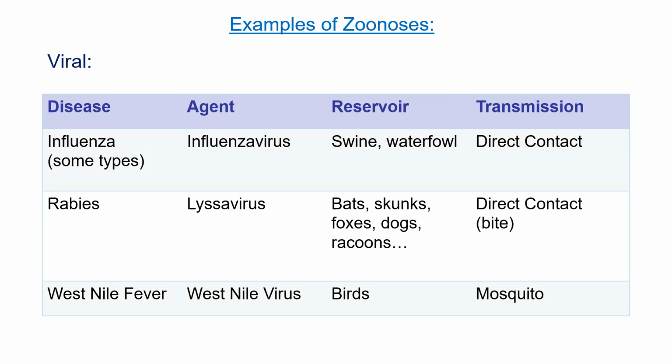So we've got avian flu from birds or swine flu from pigs. That's why it says some types, right? So that is possible. Most of us here are probably not farmers, so that's not that common for us to get those types of influenza. But if you are a farmer, it might be more likely.